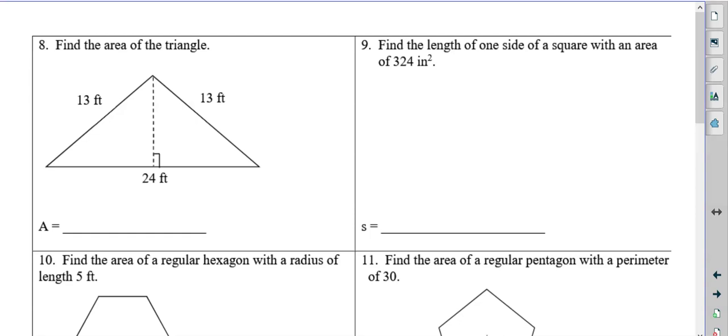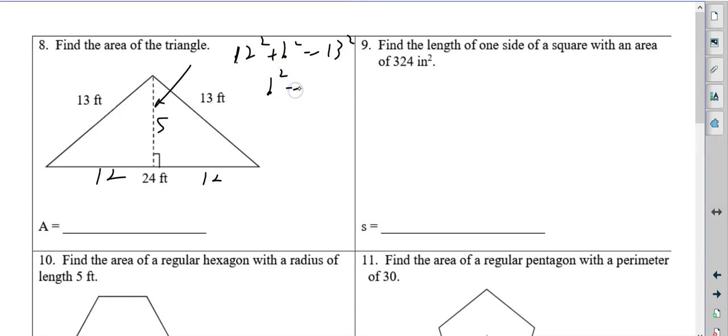All right, find the area of the triangle, the entire triangle. So if this is 24, that makes this 12 and 12. Okay, we're trying to find the height here. Now, if you know your Pythagorean triples, you already have this. And hopefully you write these on your reference sheet. This is 5. If you didn't know that, it'd be 12 squared plus b squared equals 13 squared.